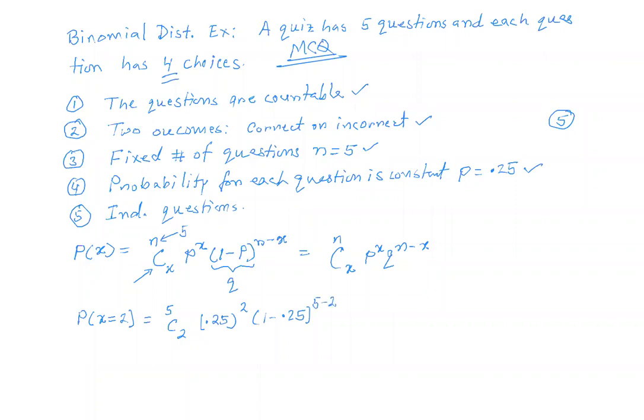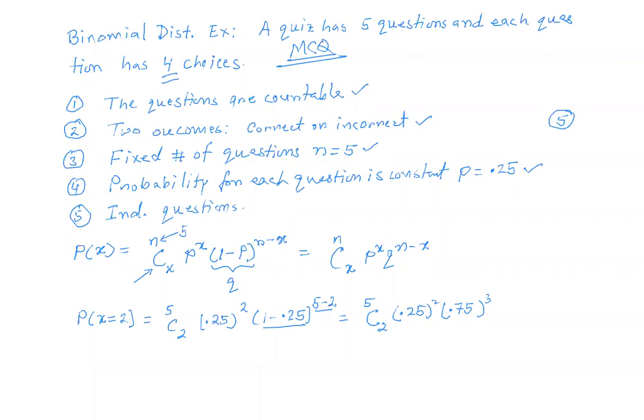If I simplify it, we need to simplify 5C2. I'll show you how. We have done it before, but I'll do it again for you. 0.25 squared times 1 minus 0.25 is 0.75, and 5 minus 2 is 3.